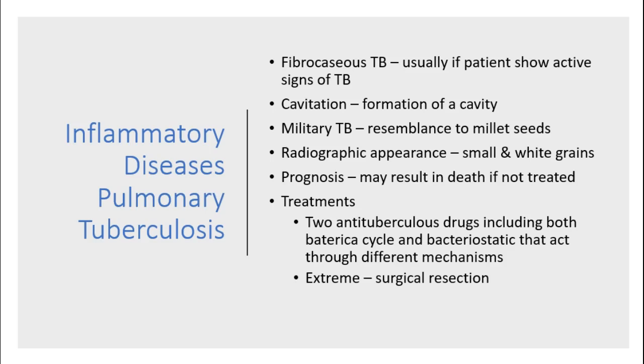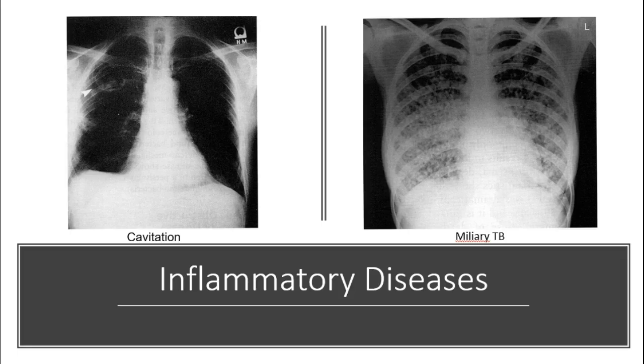So I'll show you what that looks like on an x-ray. I actually have a picture of it. So there's small white grains. The prognosis is death if you don't treat it. So there's two different drugs that you can use to put it into remission. And if it's extreme, we will resect the lung to take it out.